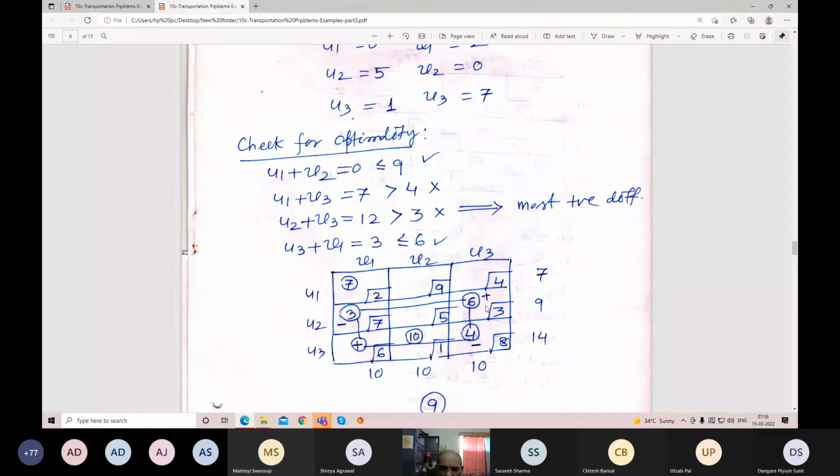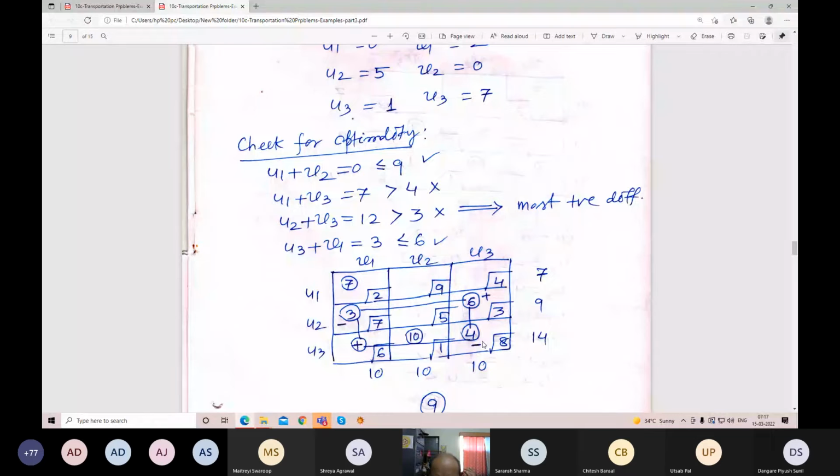Now what is happening? We would like to make a closed loop in this manner. So that is plus, then cell 2,1 is an allocated cell, that is minus, then cell 3,1 is plus, then cell 3,3 is minus.